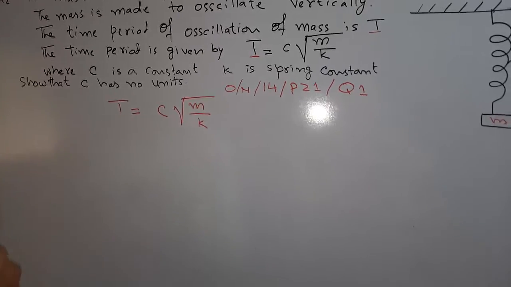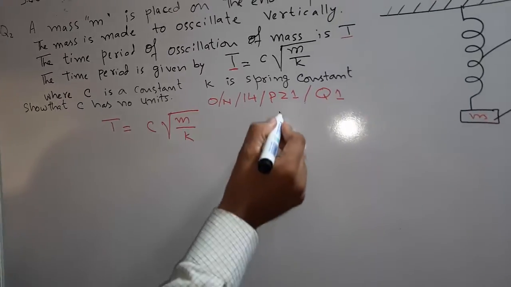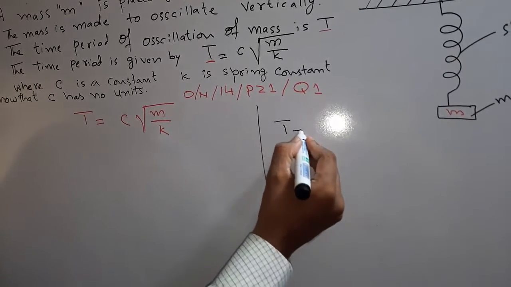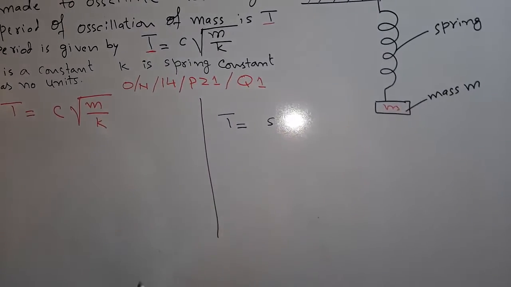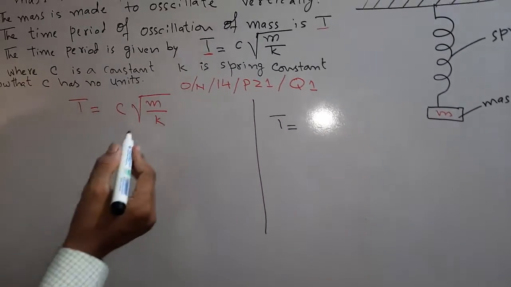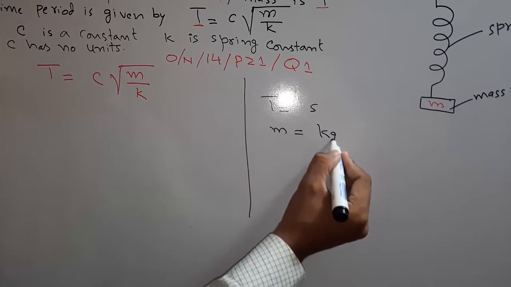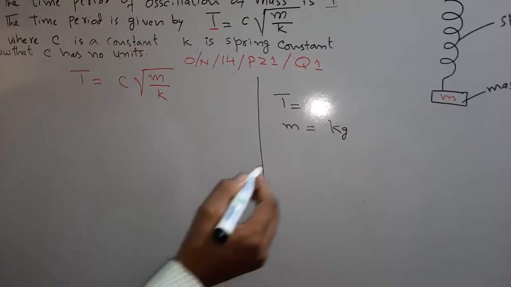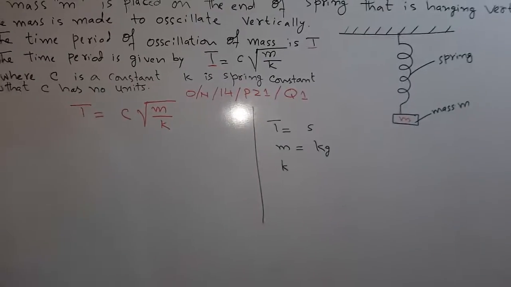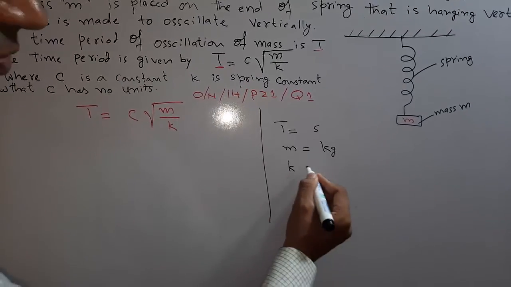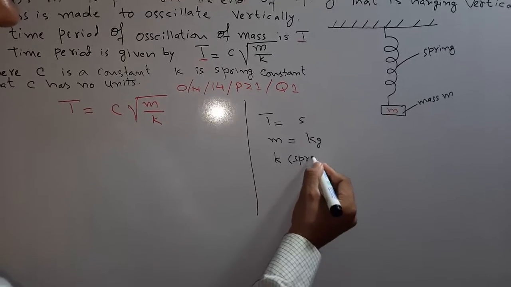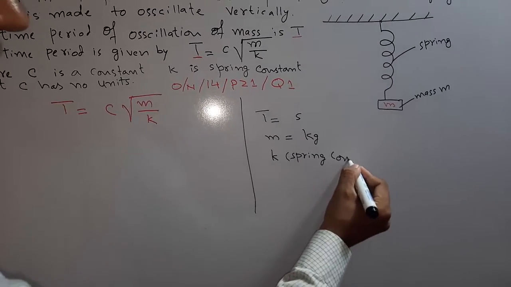So we all know that t has the SI base unit as seconds, and mass has the SI base unit as kilogram. In the same way, k is the spring constant.